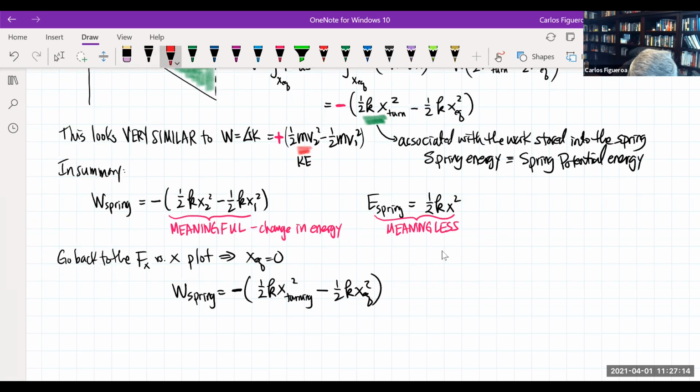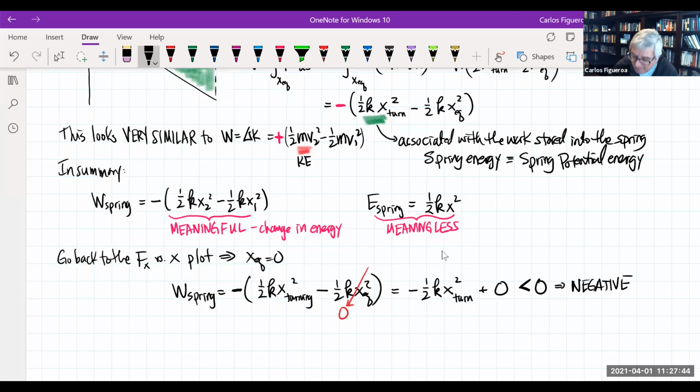But wait a minute, this guy is 0. And because that is 0, you're seeing that this is minus 1/2 k x of the turning point squared plus 0. And you can see that this guy is what? Negative. Right, that this guy is less than 0, which implies that it's negative, and that's exactly what we expected, because negative means that there's negative work.